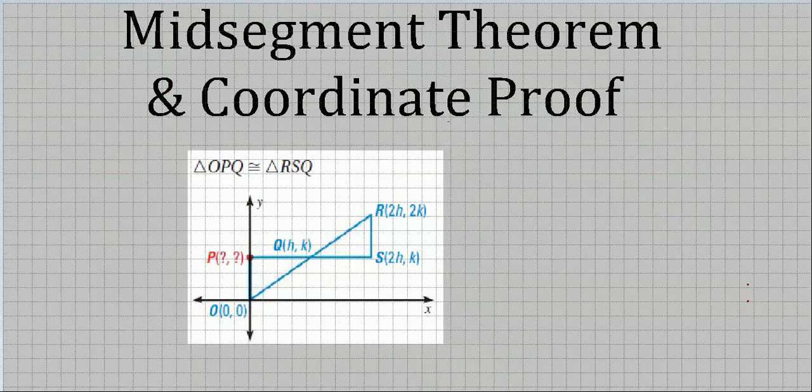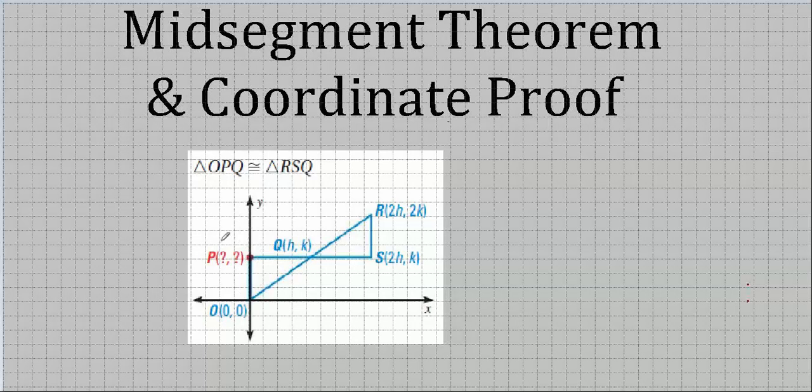Now what we need to do here is find the coordinates of P, and then show that these two triangles are congruent. And we're going to turn geometry into algebra again by using variable coordinates. Well, this point here is on the same vertical line as this point, which means it has the same x coordinate.